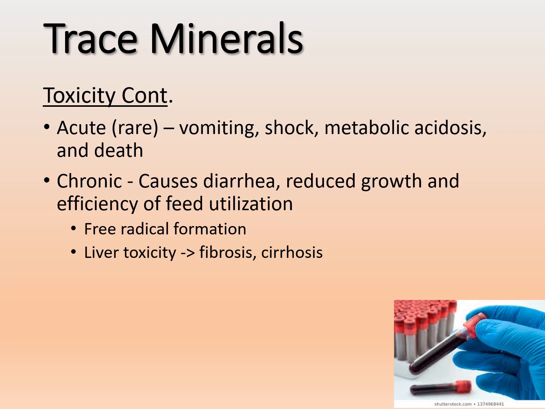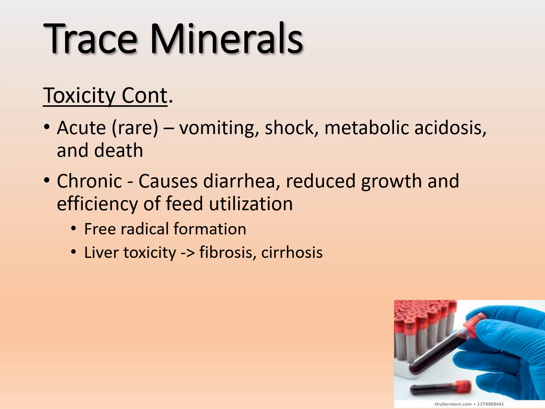And then chronic, you see diarrhea, reduced growth. Also, you don't get as much efficiency in their feed, so they can't utilize their feed as well. So that's where they get weight loss, reduced growth.